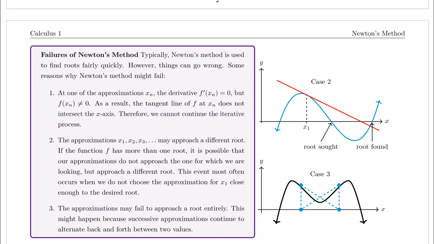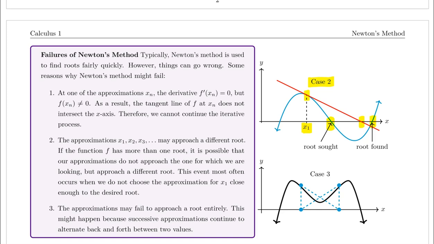So we can see a visualization of case 2 here. So this is the root that we are looking for, and if we don't choose our x sub 1 value carefully enough, and we draw the tangent line, then the x sub 2 value is going to be located right here, and we're going to find this root even though that's not the one that we are searching for.